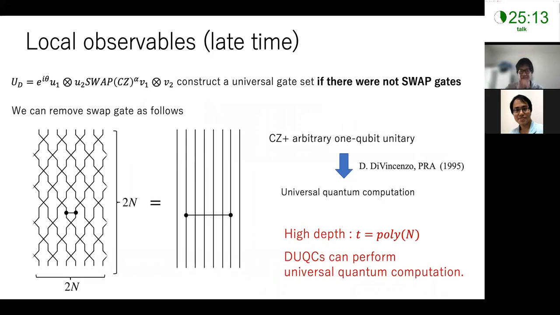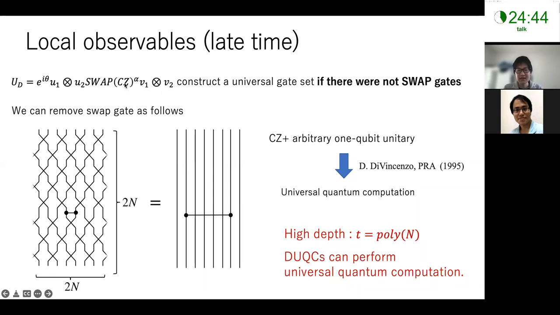So the proof technique is the following. First, let us note that dual-unitary gate in general form can construct universal gate set if there were no swap gate. So dual-unitary gate includes arbitrary single qubit gate and swap gate and CZ gate.